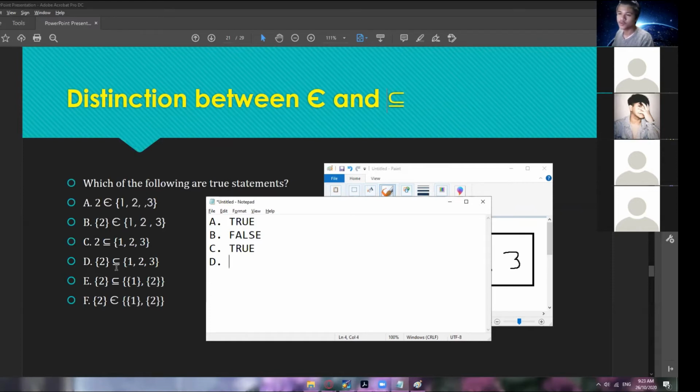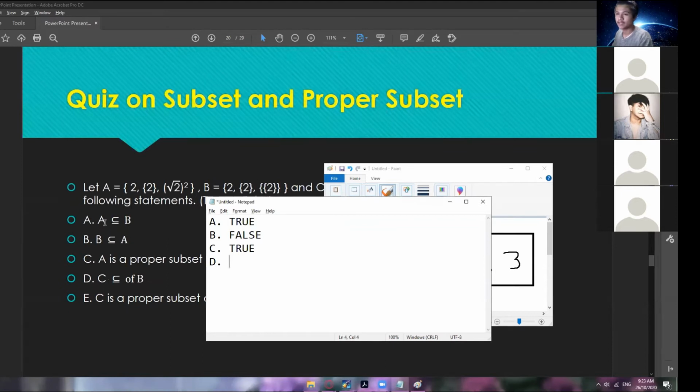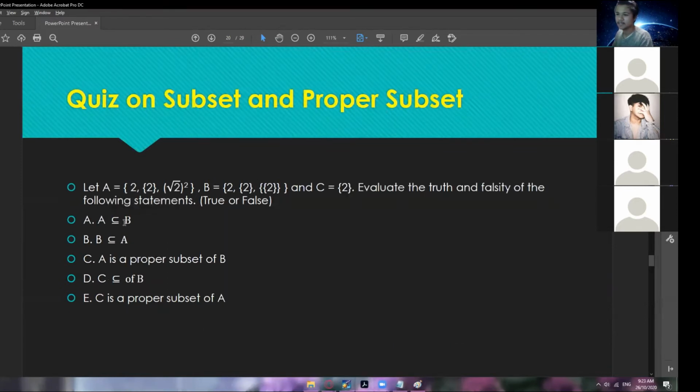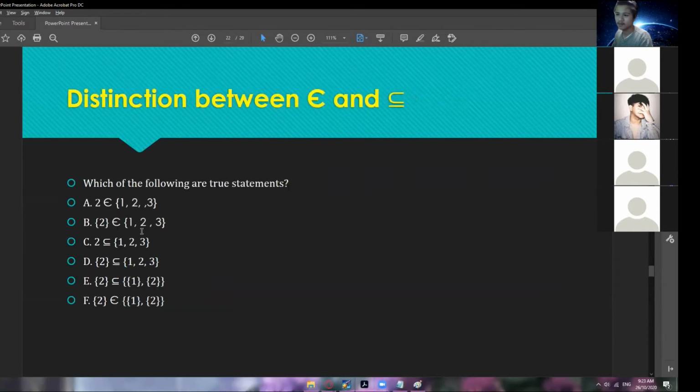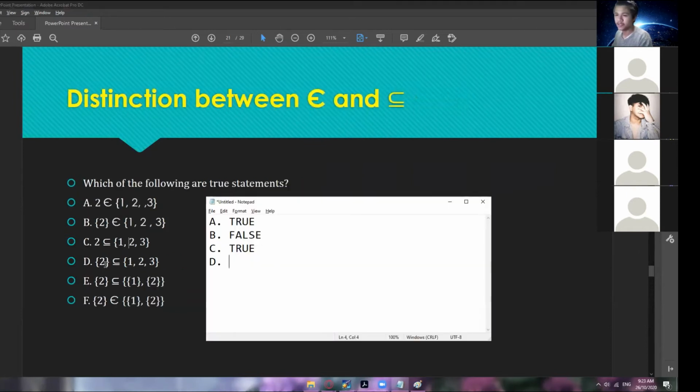So set {2}, it is true now. Okay? So when it is a proper subset or subset, both should be sets. Because what we are comparing, if you remember, is that A is a set and B is also a set. In letter D, our left side is already a set.